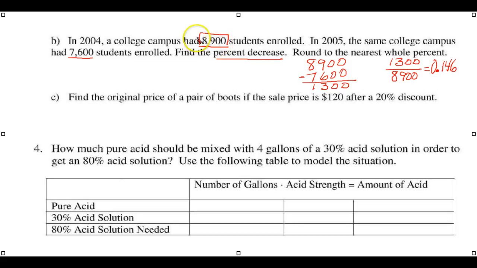It's always over the original amount. Put that in your calculator and you get this. They want us to round to the nearest whole percent. So we look at the thousandths position here. This is a 6. So we'll drop the 6 and add a 1 to the 4 to make this 15%. And that would be percent of decrease.